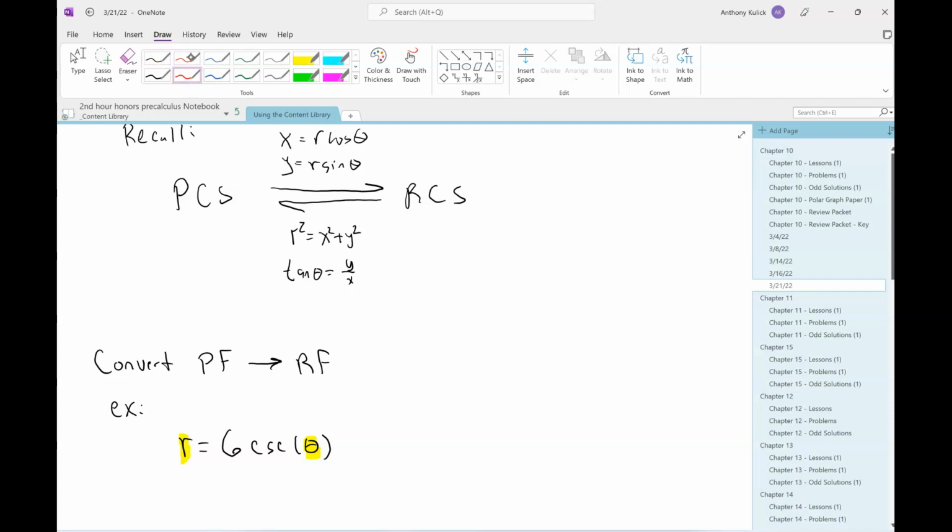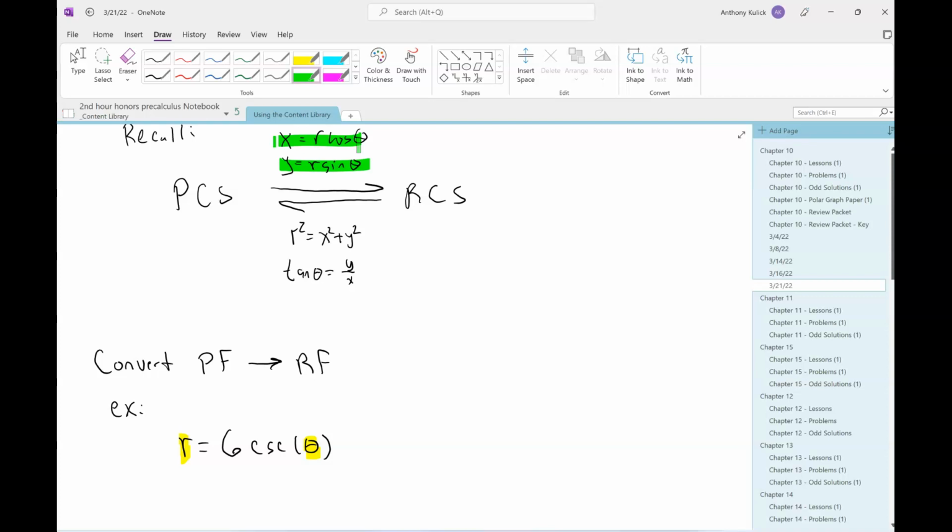Okay. So to convert this into a rectangular function, I'm going to be using the same two rules that I used to convert polar coordinates into rectangular coordinates. So I'm going to try to come up with an r sine theta, an r cosine theta, or something like that.